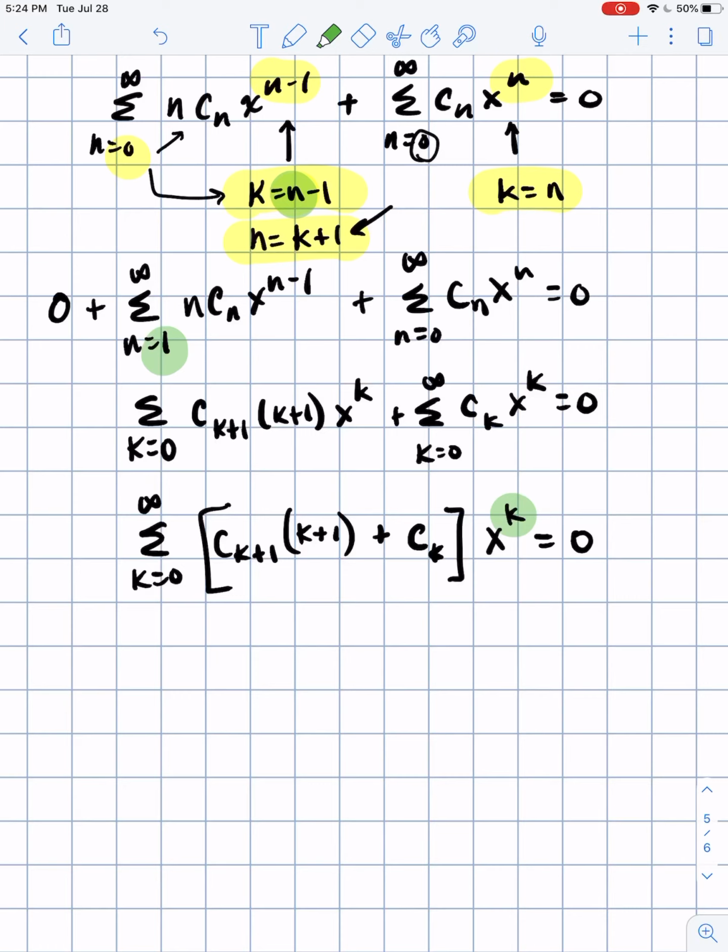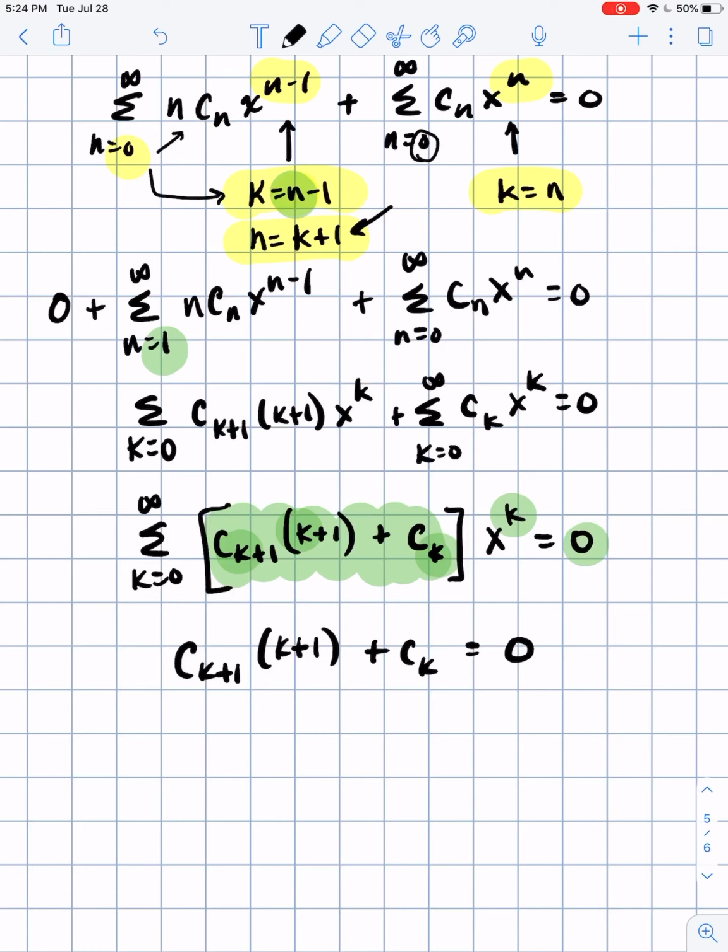Now, k is inside here, right? If we could solve this inside portion and set that to 0, then we'll be able to find what c of k is going to be. So that's the way this is going to look. You're going to say c sub k plus 1 times k plus 1 plus c sub k equals 0. And then we're going to solve this.